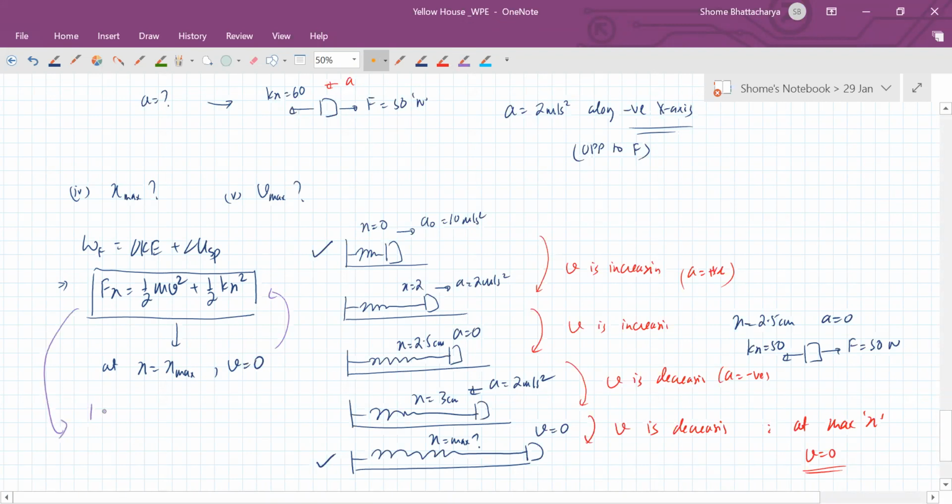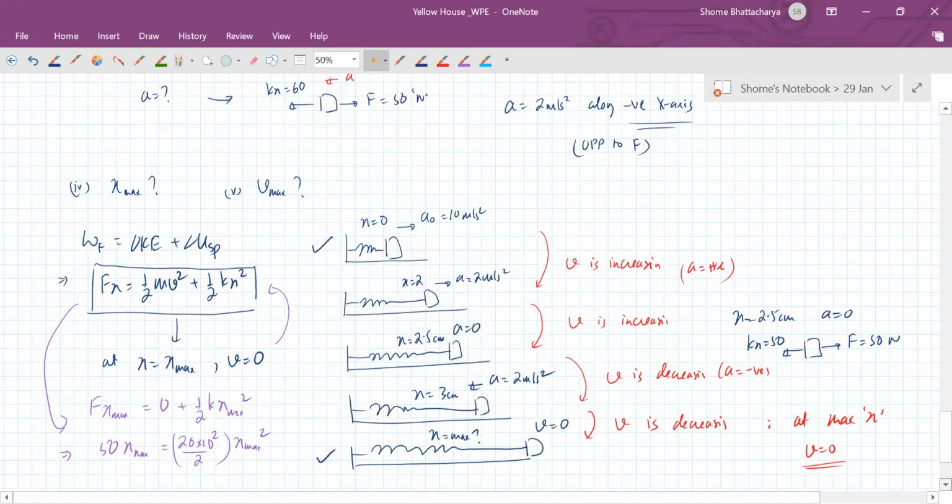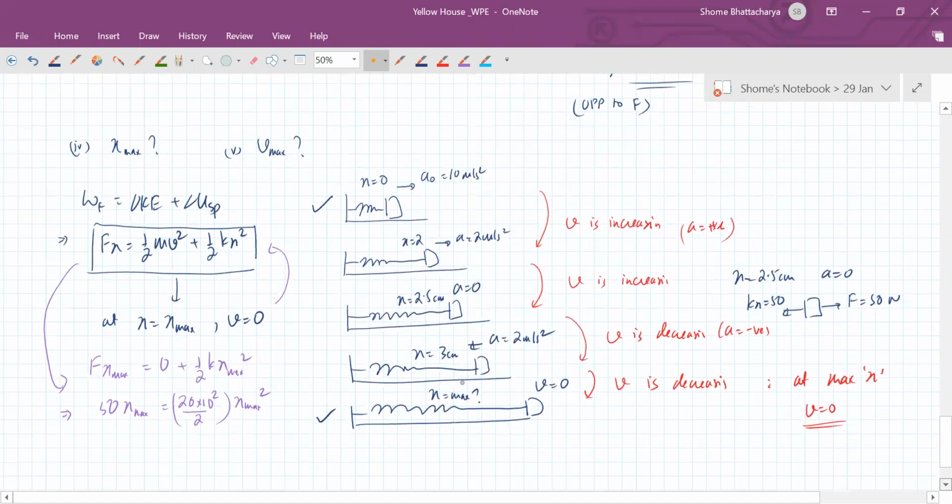So we'll get f into x maximum is equal to 0 plus half k into x maximum square. We get 50. Okay. So we will get two roots. One root will be 0, that is the initial state. The other root will be this, when x is maximum.